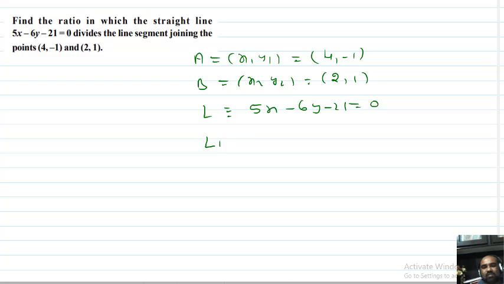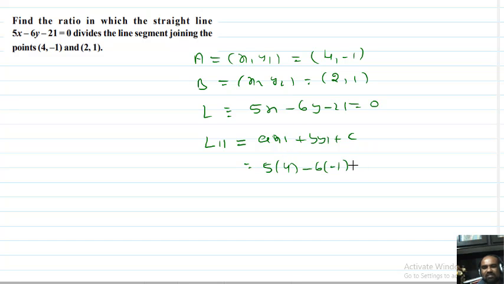How to find L double 1? L double 1 is a x1 plus b y1 plus c. Here a is 5, so 5 times 4, and instead of y we write minus 1 with b as minus 6.